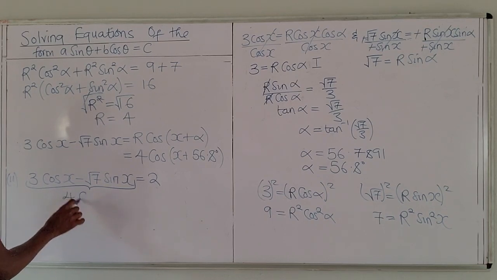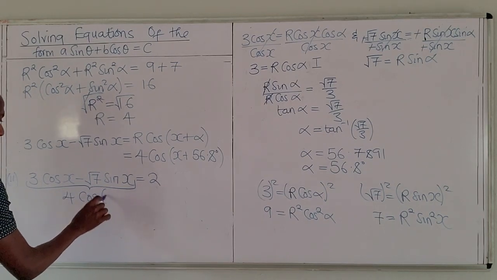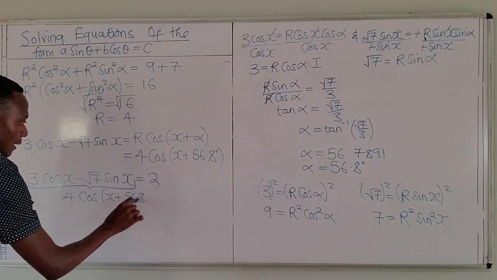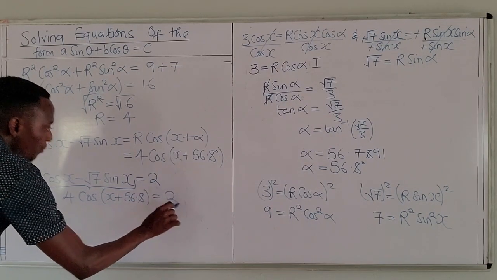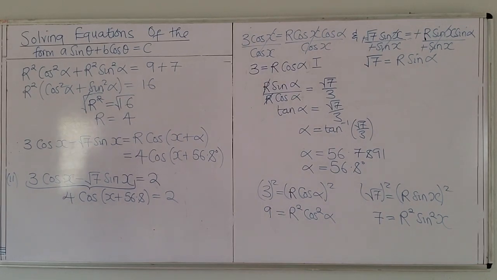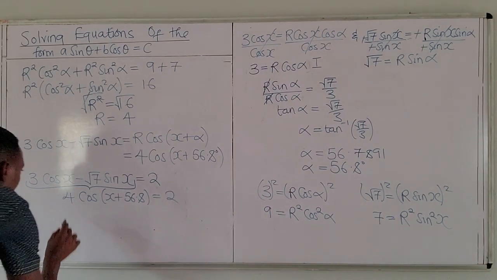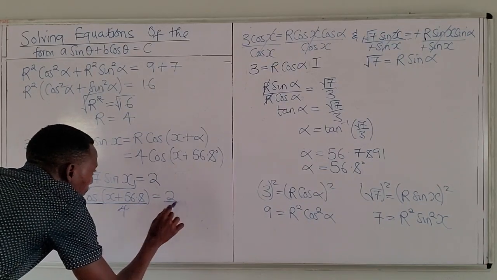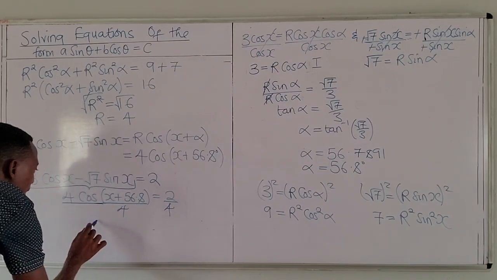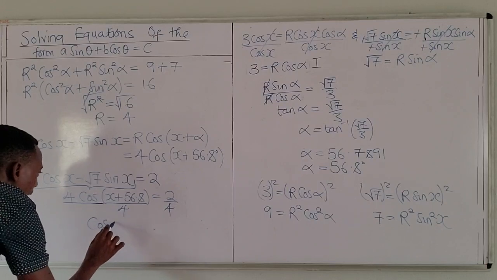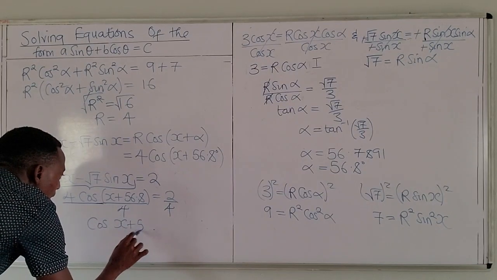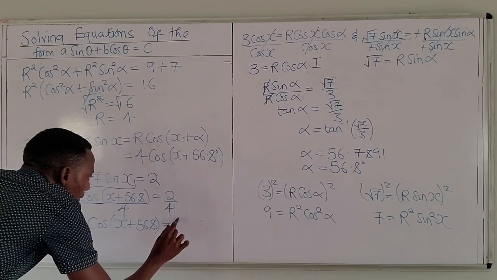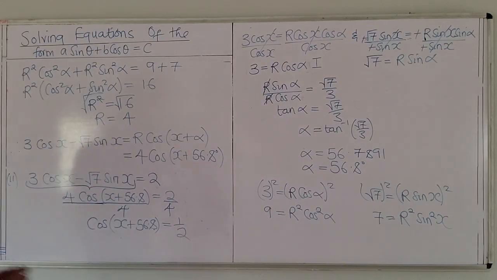It is 4 cos x plus 56.8 is equal to 2. So what do we do next? We divide both sides by 4. Then we get cos x plus 56.8. This must give us 1/2.